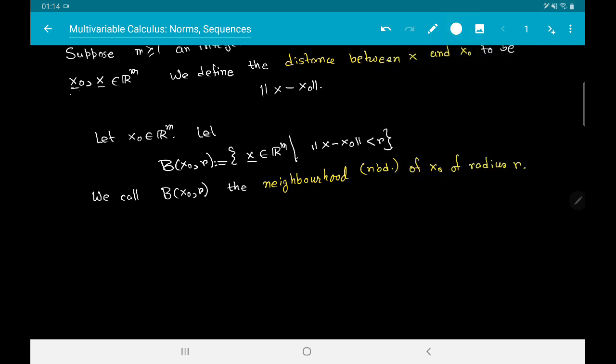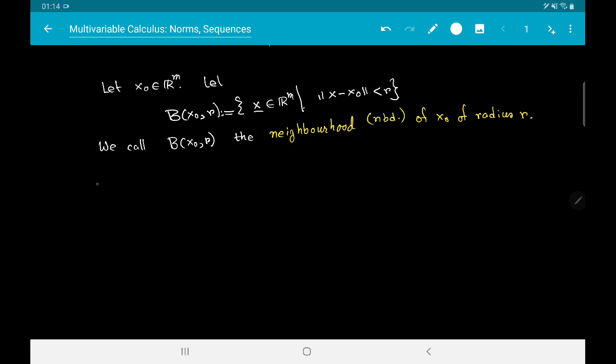Now let us again look at some special cases. What do we have when m equals 1? The norm is just a modulus. So what is B(x0, r)? This is the set of all real numbers x such that the modulus of x minus x0 is less than r.